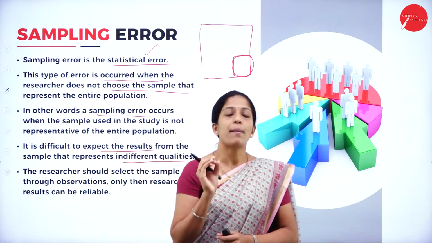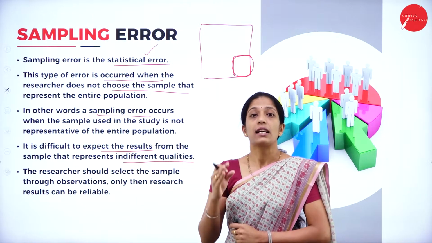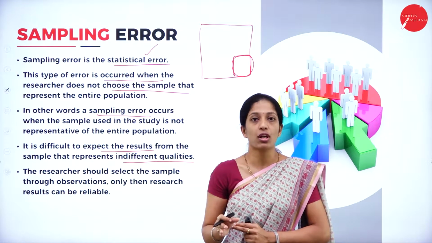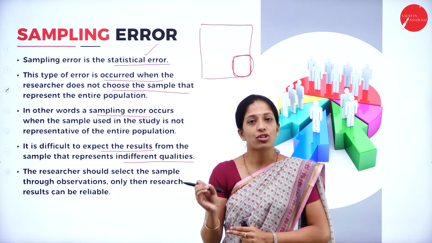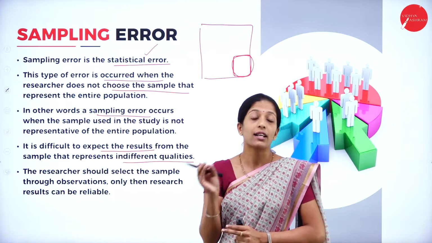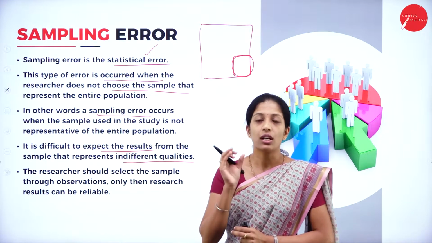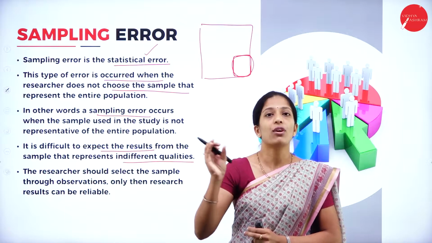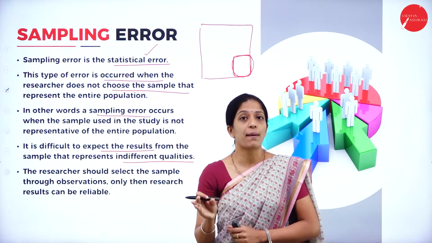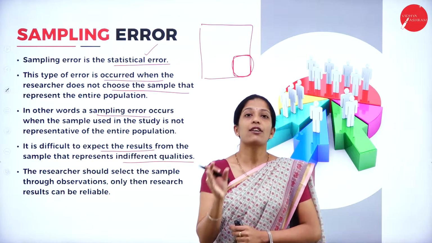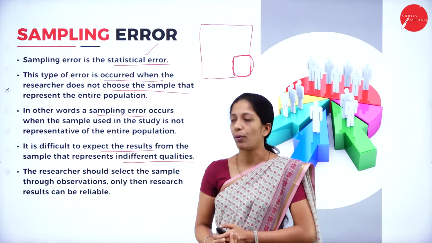So here sampling is not an easy task. The researcher has to have sufficient knowledge, and at the same time the time duration required is very high in order to select the sample. So time duration will be more in order to select the perfect sample. The selection of the sample should be in such a way that it represents the entire population.